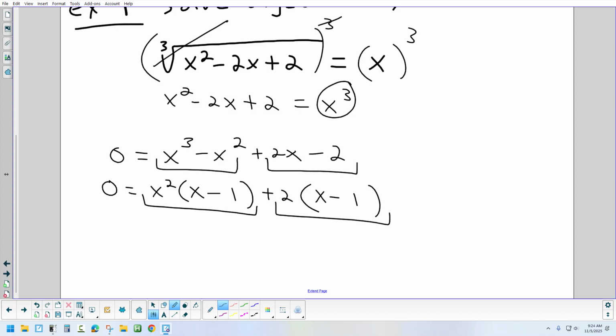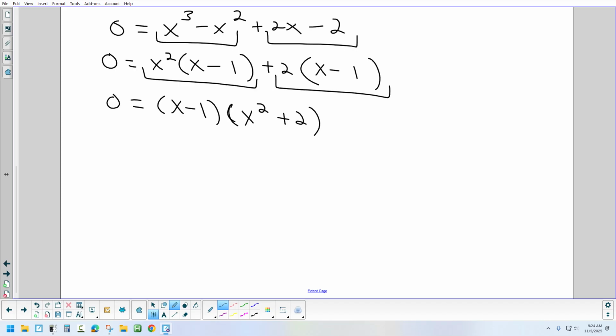What do each of those have in common? X minus 1. So now we're going to factor out the x minus 1. If you factor out x minus 1 from that first part, what's the only thing that's left there? X squared. If you factor out x minus 1 from the second part, what's left? Plus 2.